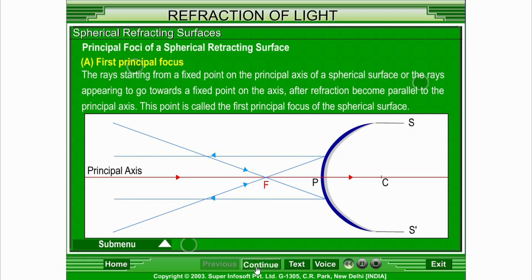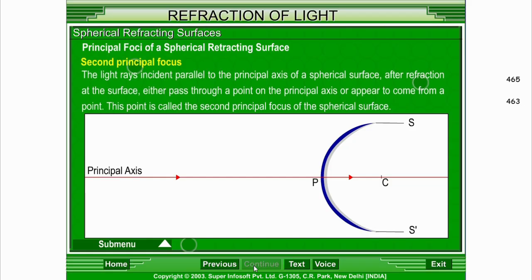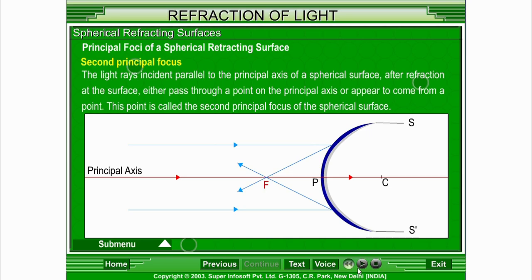First principal focus. The rays starting from a fixed point on the principal axis of a sphere. Second principal focus.